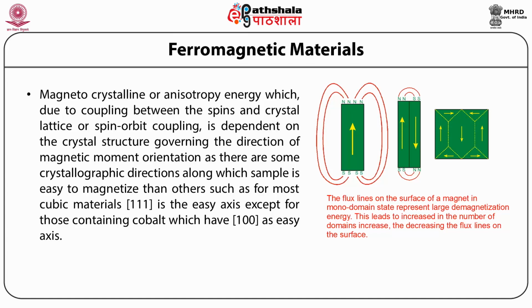It is dependent on the crystal structure, governing the direction of magnetic moment orientation, as there are some crystallographic directions along which the sample is easier to magnetize than others, such as for most cubic materials, that is [111] is the easy axis, except for those containing cobalt, which have [100] as the easy axis.